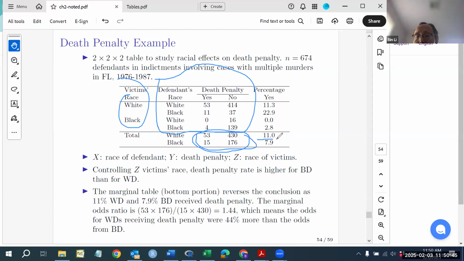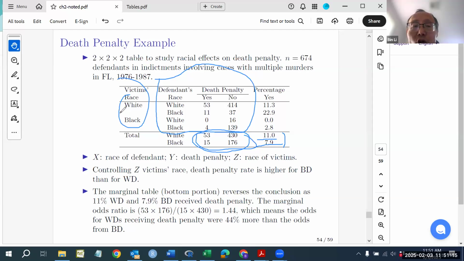What is the percentage of death penalty rate for the white defendant? It's 11%. For the black defendant, it's 7.9. So which race has a higher death penalty? White. Is that right? So that's obvious if we look at the marginal tables.